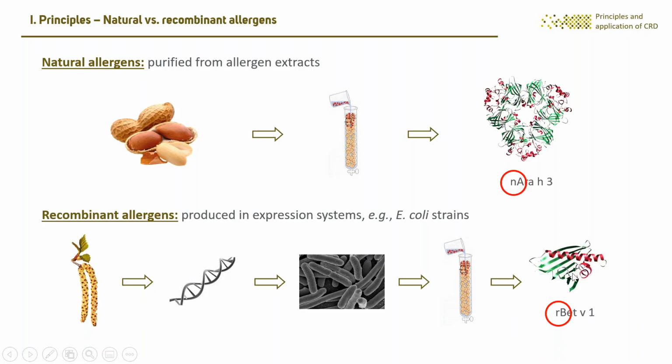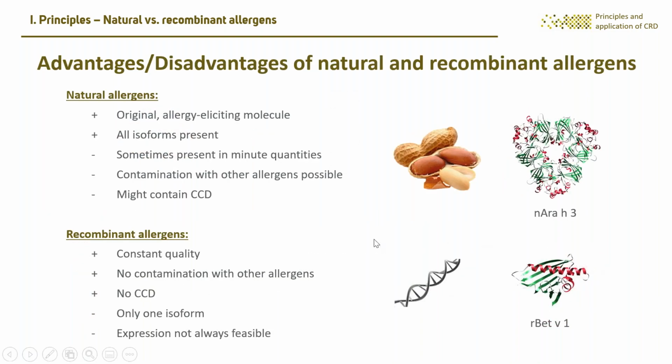rBet v 1 from birch pollen. So essentially these two approaches exist, but what is the difference between them? If you look at natural allergens, it is apparent that this is the original allergen molecule which the patient encounters when he has contact with the allergen source. For some allergen molecules, isoforms exist. What are isoforms?